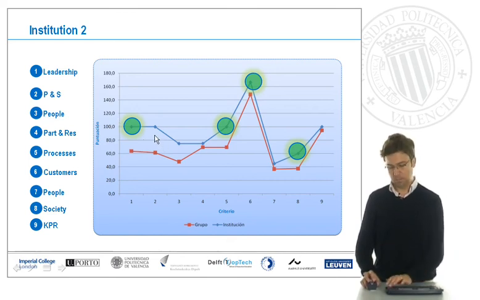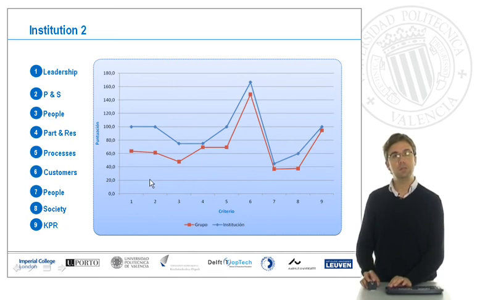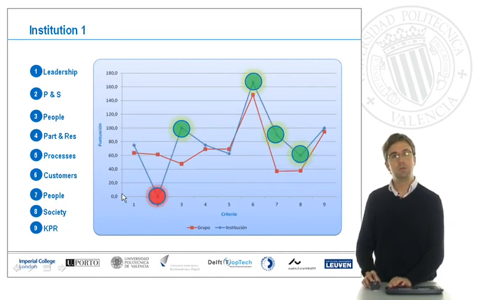It's easy to meet this institution number 1 with this institution number 2. Institution number 2 can help institution number 1 on criterion number 2.